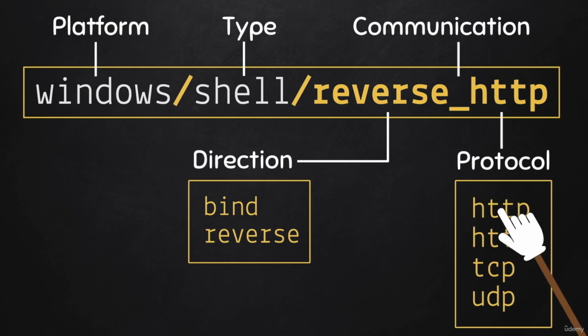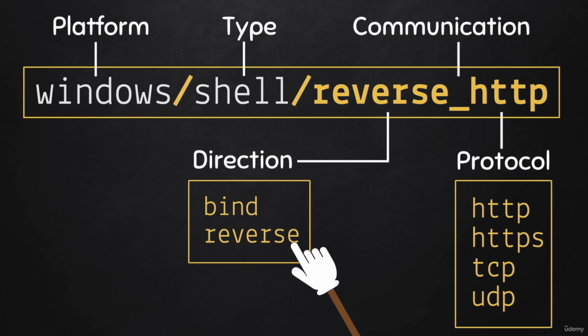So we can actually use a reverse connection on a port that websites use, which is port 80 or 8080, and set the protocol to HTTP or HTTPS. That way, the connection is going to seem very similar to a connection that a computer would make when they load a website, thus allowing us to bypass many firewalls and security measurements.